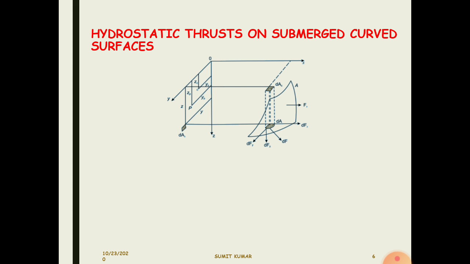For a submerged curved surface, the component of hydrostatic force in a horizontal direction is equal to the hydrostatic force on the projected plane surface perpendicular to that direction and acts through the center of pressure of the projected area.